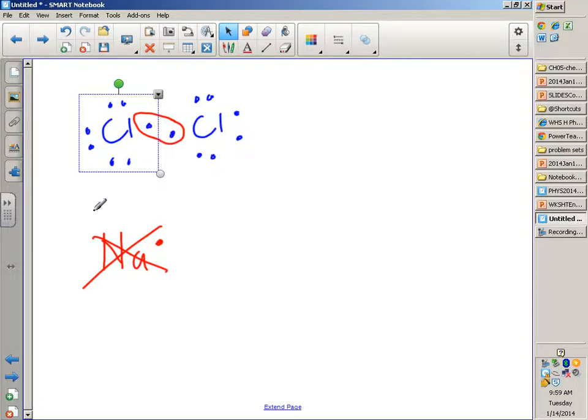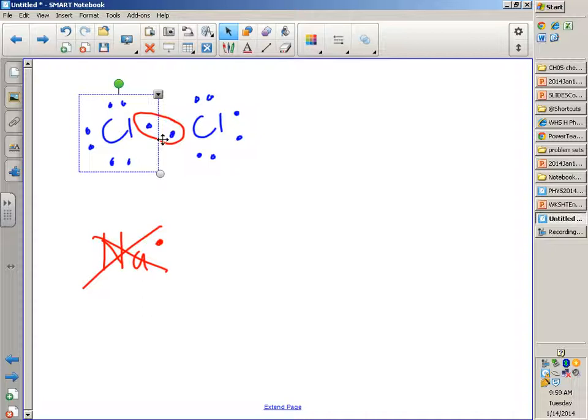So, if we count out valence electrons now, 1, 2, 3, 4, 5, 6, 7, plus this one that it's sharing, right? How many has it got now? 8. 1, 2, 3, 4, 5, 6, 7 that it had originally, plus this one that it's sharing now. Guess what? How many does it have? 8.